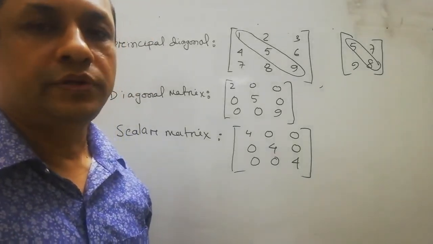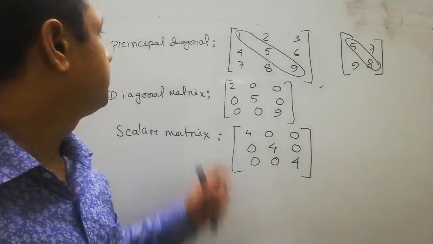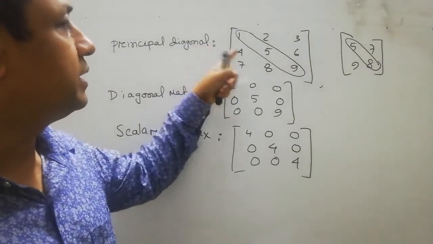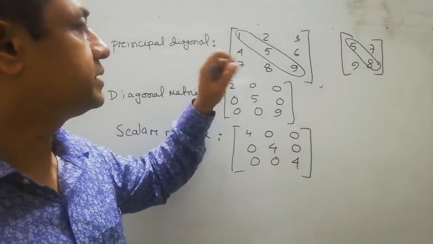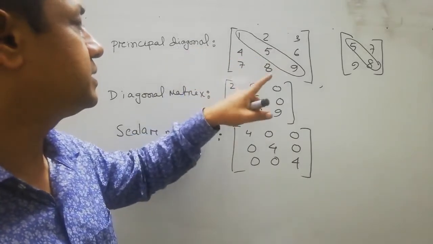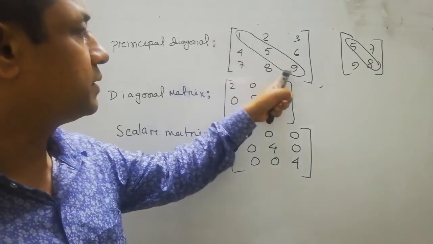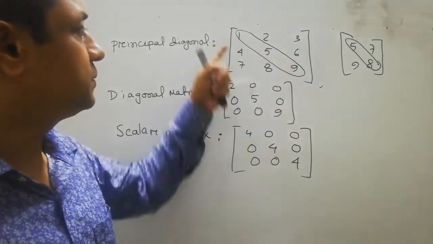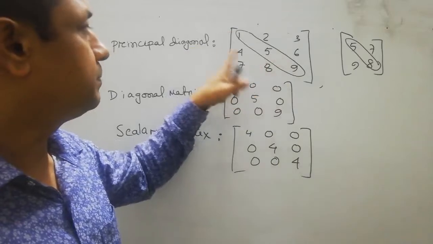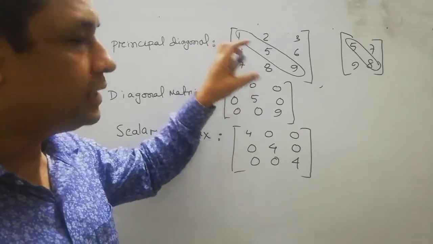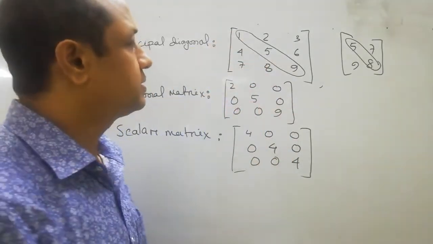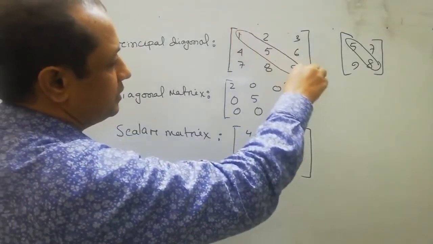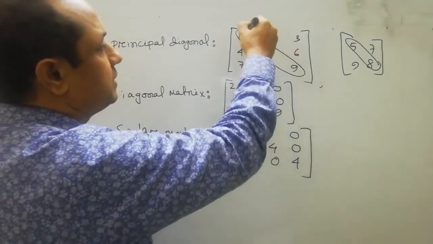Students, now the definition of principal diagonal. Principal diagonal in a square matrix. This is a square matrix, so this diagonal is called the principal diagonal.